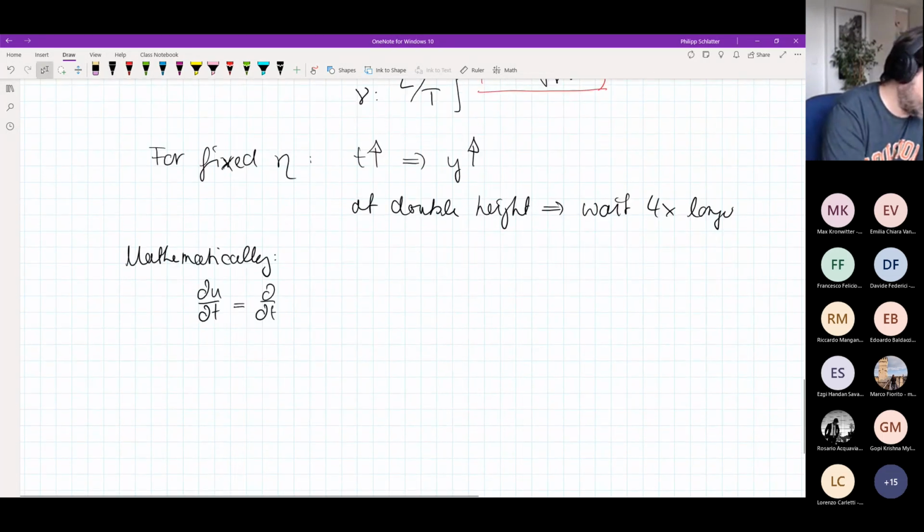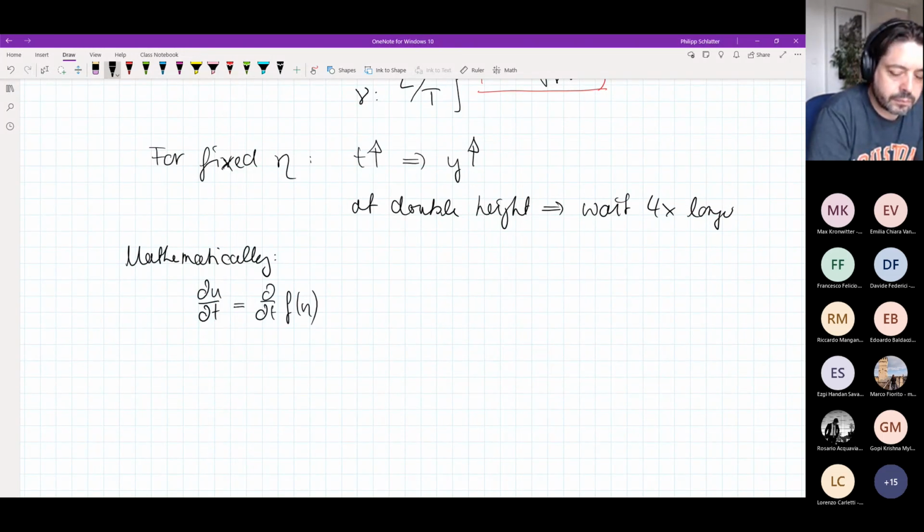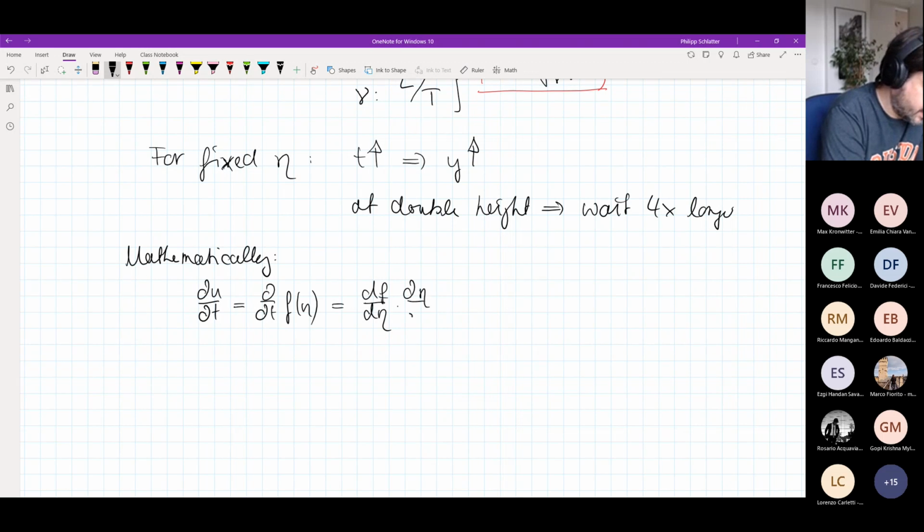So we have d dt of f of eta. Now we can use all the rules that we know from doing derivatives. It's essentially the chain rule that we need to use here. So that would now be df d eta times d eta dt. That's just the chain rule applied.